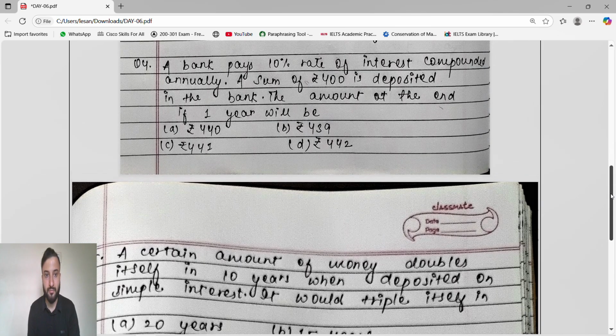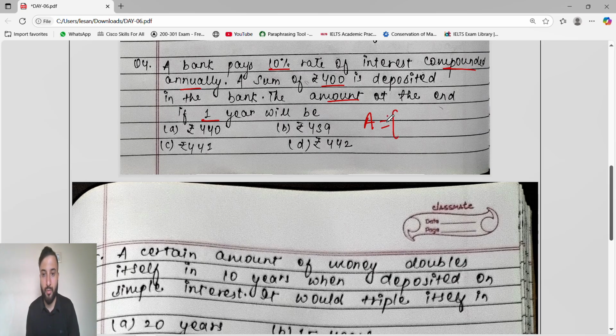Now next, a bank pays 10% rate of interest compounded annually. A sum of 400, the principal, is deposited in a bank. We have to find the amount at the end of 1 year, so time is 1 year.